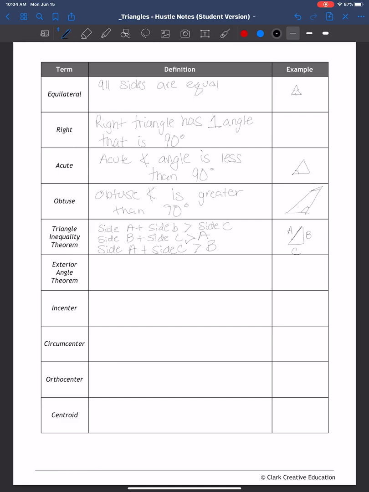The exterior angle theorem: the measure of the exterior angle at the vertex of a triangle is the sum of the two remote interior angles. So this is another one I'm going to draw out. So here's my triangle, here's my exterior angle.